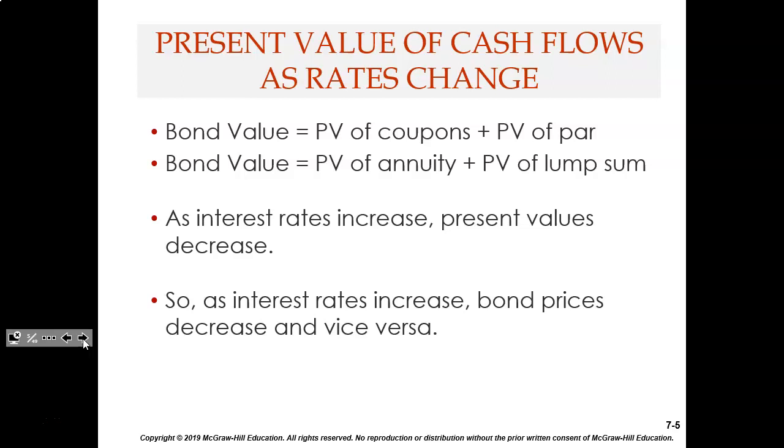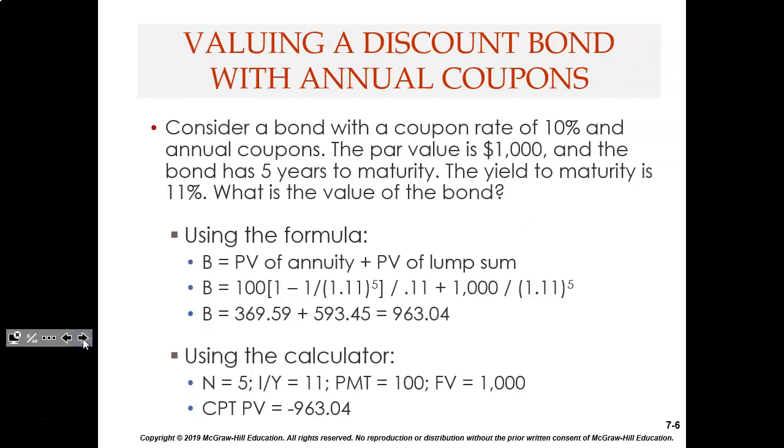So the main thing that you need to see here is that there is an inverse relationship between interest rates and bond prices. Currently, interest rates are practically zero, so bond prices right now are up, and down the road, as those interest rates go up, bond prices will go down, and we'll see that a little bit later on in the chapter.